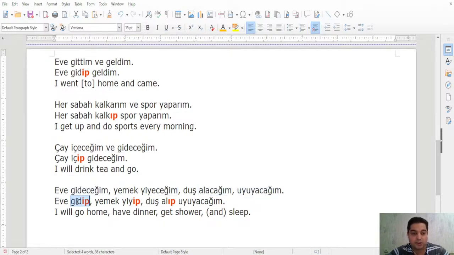So 3 of them, which is gitmek, it will be gidip, eve gidip, yemek yiyip, right? Here yemek yiyip is a very irregular verb in the Turkish language, so don't pay very much attention to this irregularity. Yemek yiyip, duş alıp, almak, alıp, uyuyacağım.